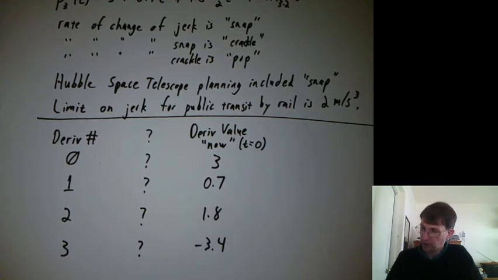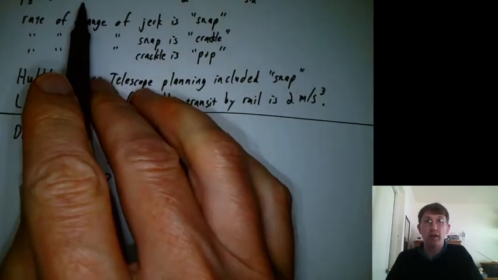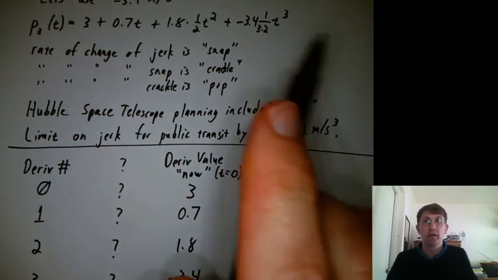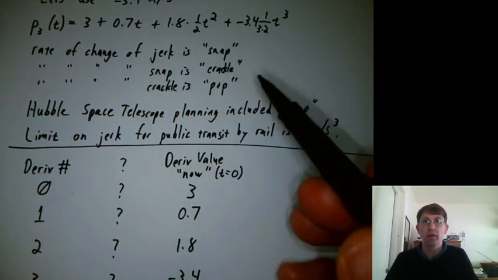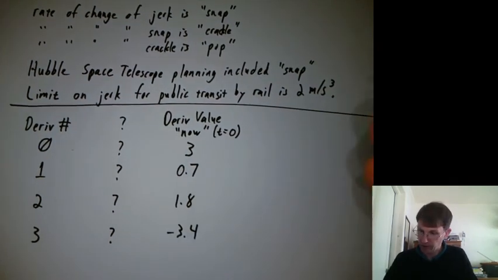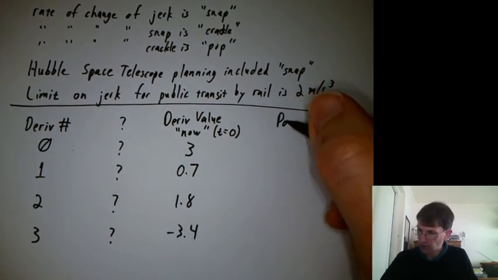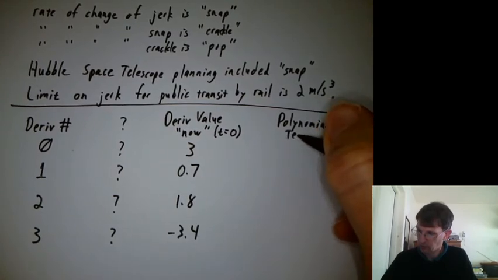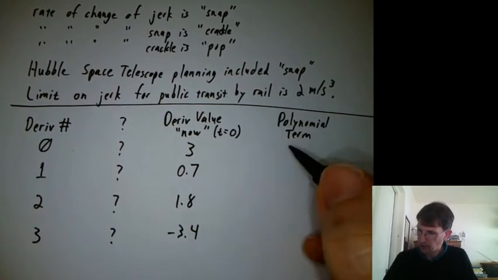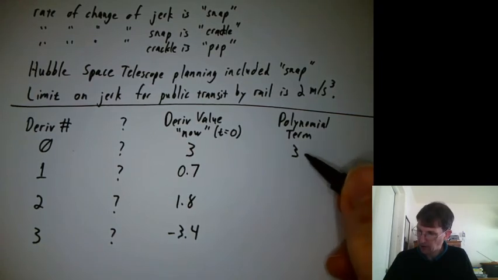Okay, and then we could say, instead of writing out our polynomial this way, we could write it out with each appropriate term in the appropriate row. So we could say, what's our polynomial term? The 3 was just a 3.